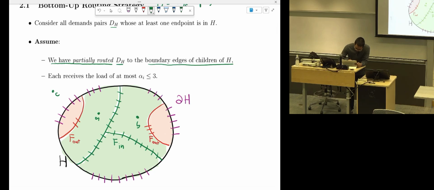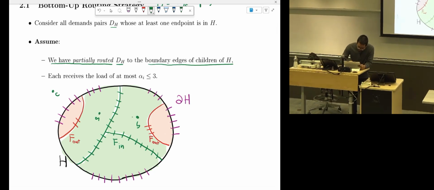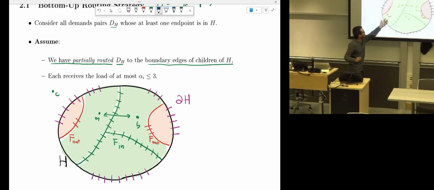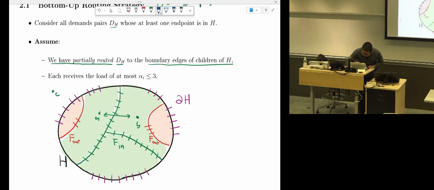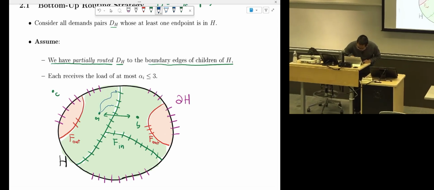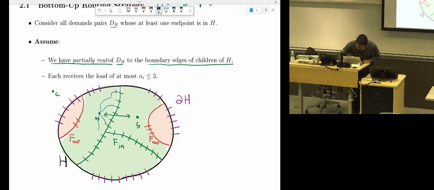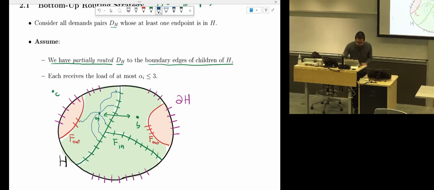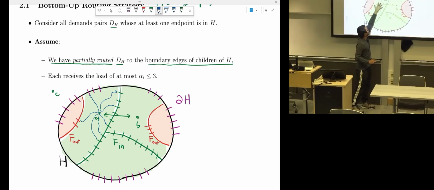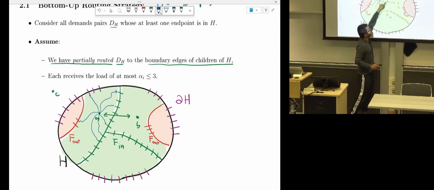For example, if I have a demand to route from A to B, I assume that I have done some work on the children, and I might have sent flow up to this point. So the flow is sent and it stops at the boundary of the children.